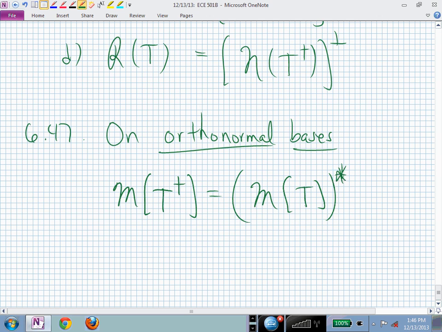That's chapter 6, which said, now we can deal with angles and distances or lengths.